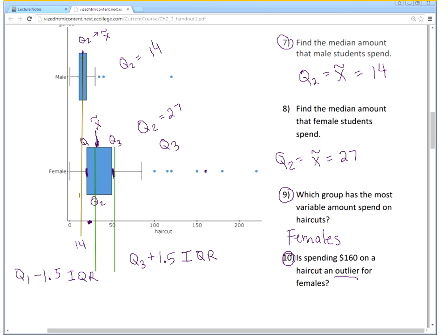I'm going to have to move that. There we go. That looks like the third quartile. So that's nice. It's right on 50. Okay, so the third quartile is 50 for females.